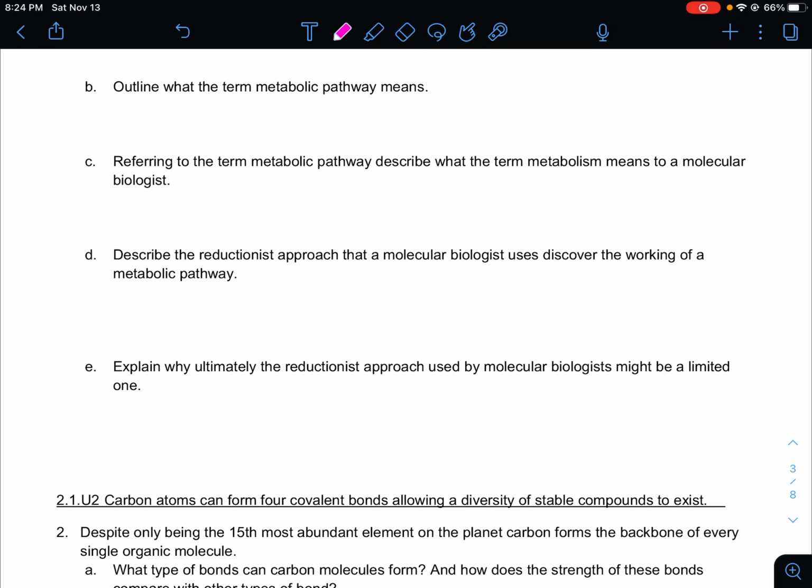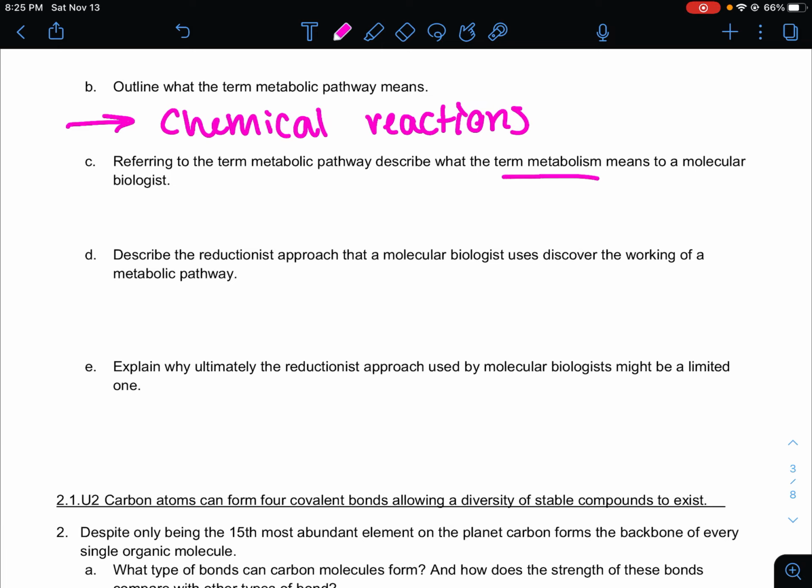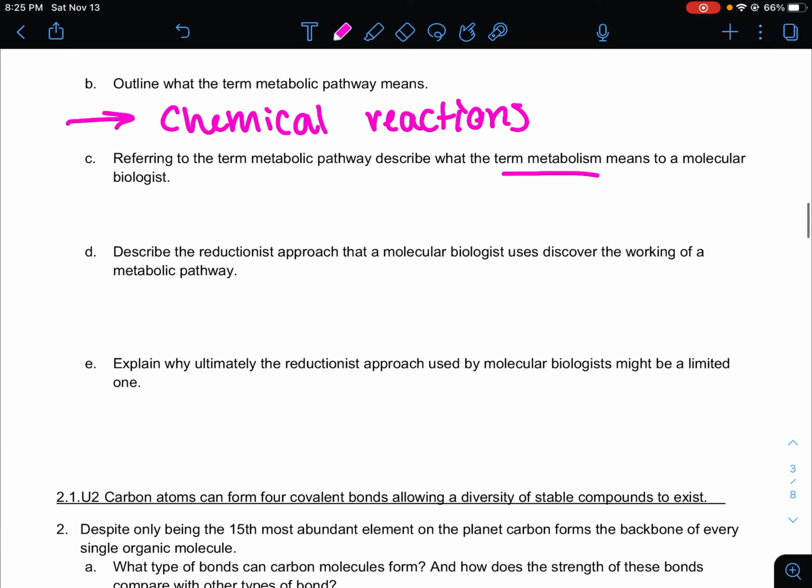Metabolic pathways are going to be chemical reactions that happen in a cell. So like the production of ATP or the creation of glucose during photosynthesis. It'll be one sort of chemical pathway that's happening. And then for C, the term metabolism is all of the enzyme catalyzed reactions in a cell.